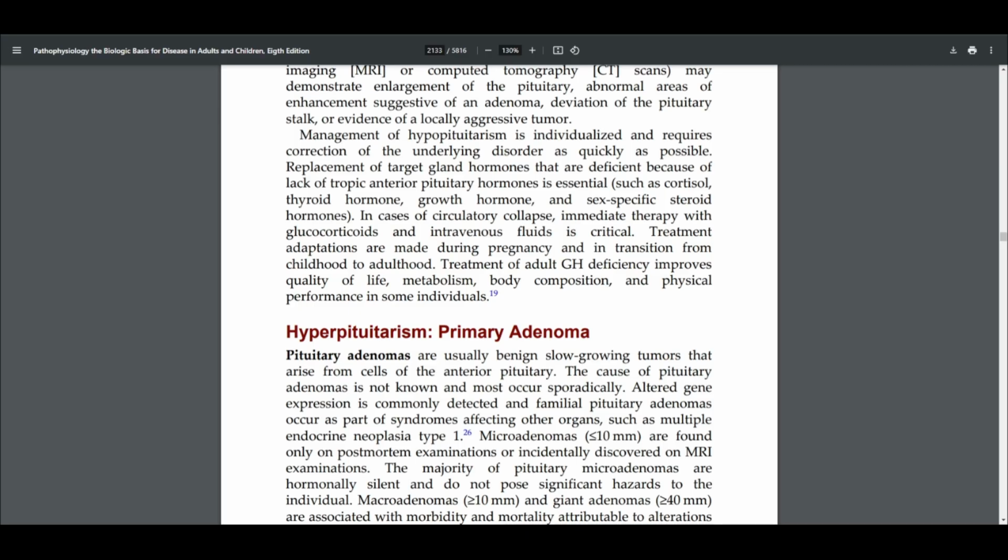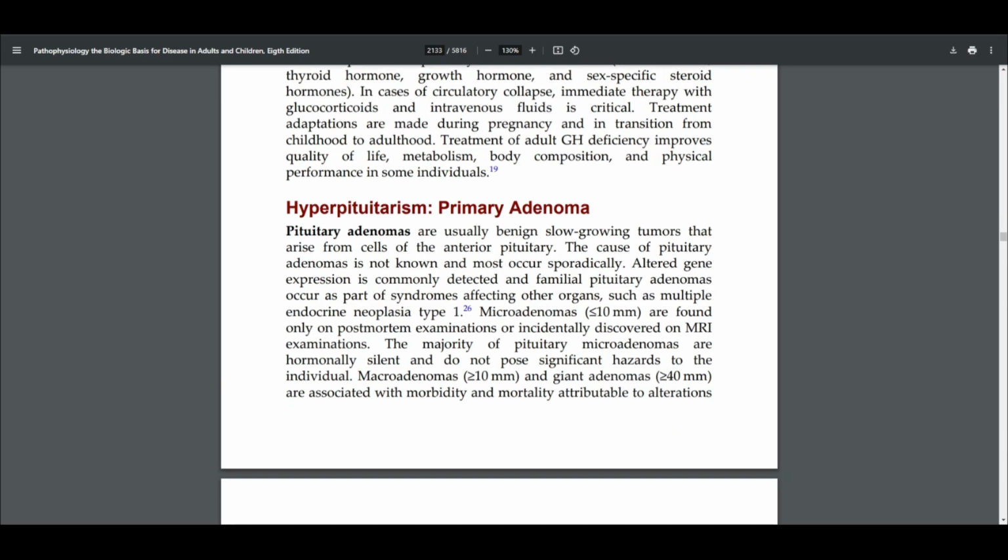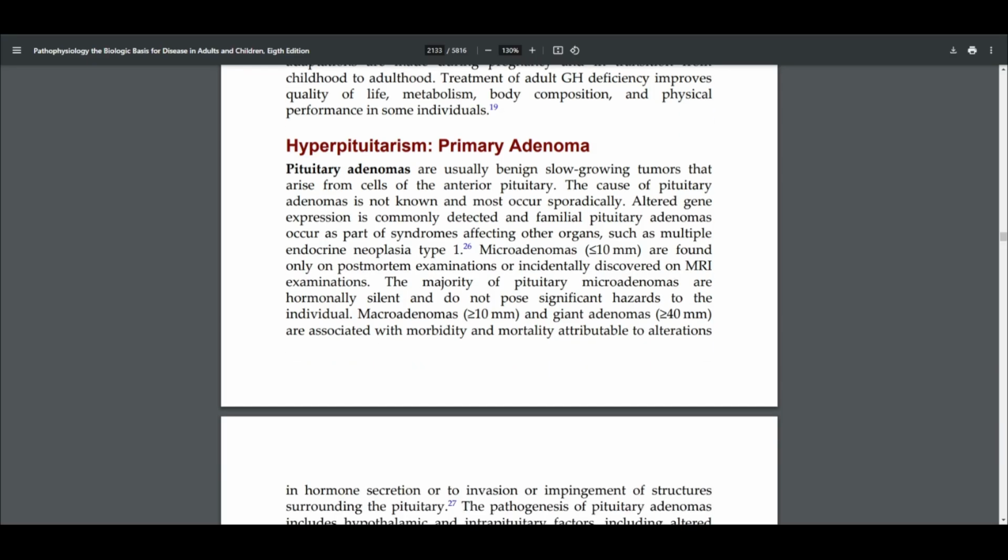In cases of circulatory collapse, immediate therapy with glucocorticoids and IV fluids is critical. Treatment adaptations are made during pregnancy and in transition from childhood to adulthood. Treatment of adult growth hormone deficiency improves quality of life, metabolism, body composition, and physical performance in some individuals.